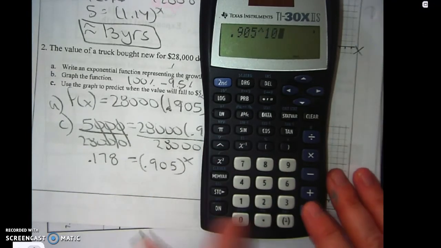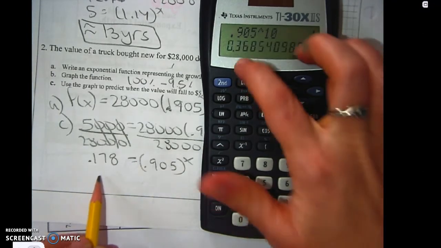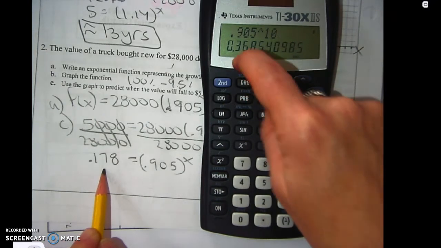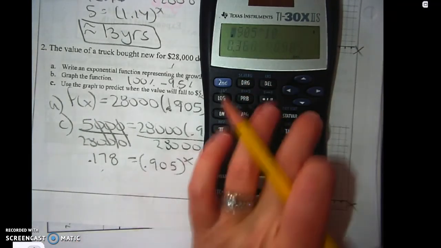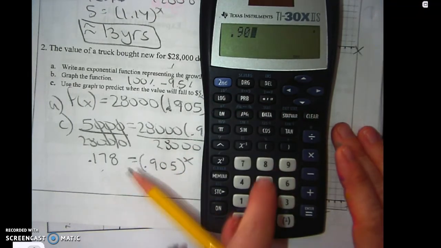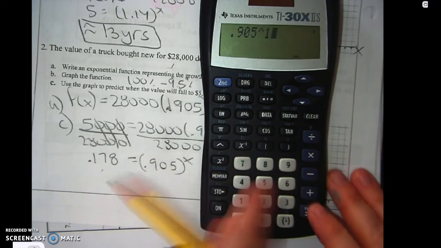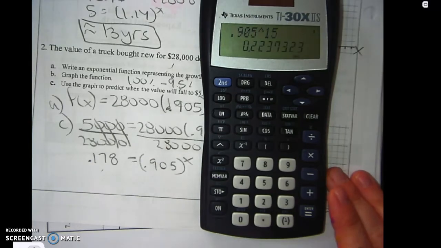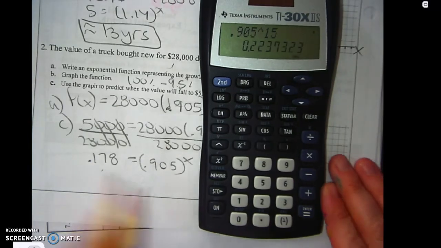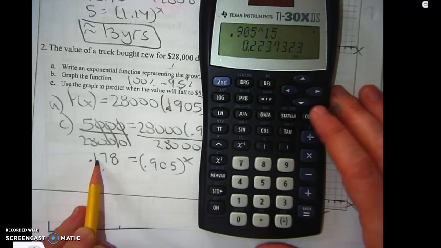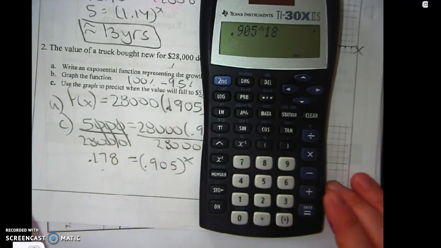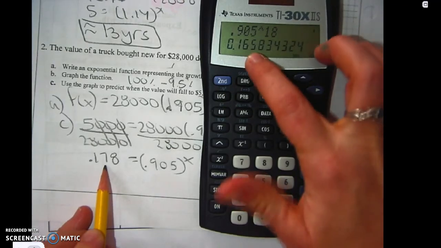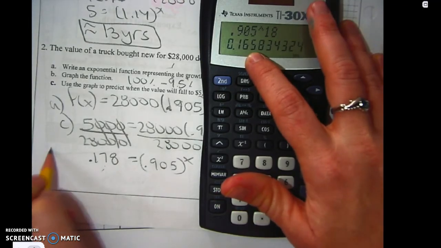0.905 to the 10th. 0.36, okay, and that's 0.178. 0.905 to the 15th. 0.22, we're getting closer. We're getting closer because in a decimal it's the reverse. 0.905 to the 18th. I get 0.16. Okay, so I feel like I got to write this one down.